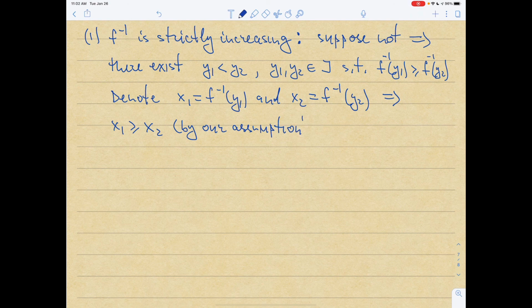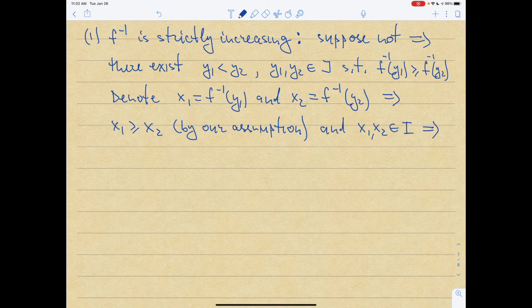And because the range of f inverse is I, it follows that x1 and x2 are both members of I. Well, if x1 is greater or equal than x2, and x1 and x2 are both in I, then I can apply f to them.